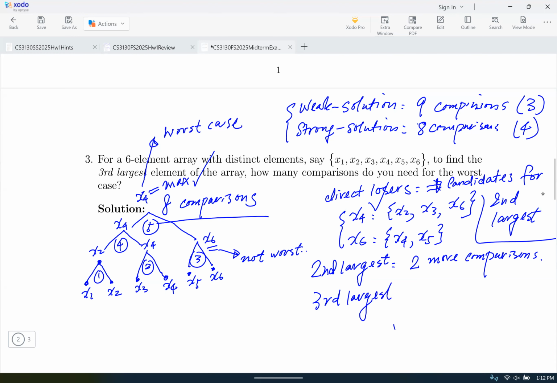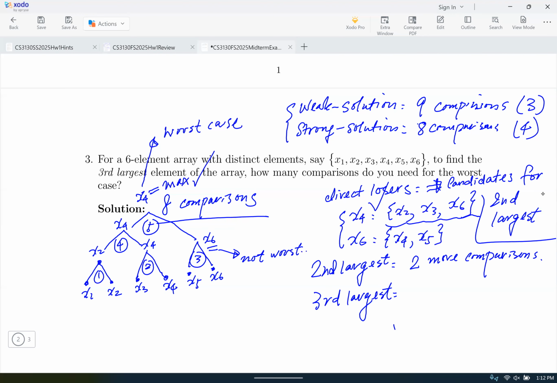For the third largest, we need to look at the candidates, the direct losers to the second largest, right? So which of the 3 should we use as the winner of the second largest? It's important, right? Which element? Because we need to pick the worst case. That's the place where most of the students couldn't get it correct.